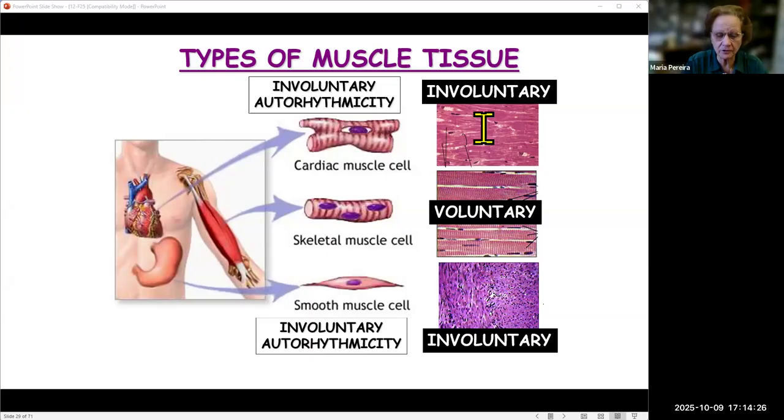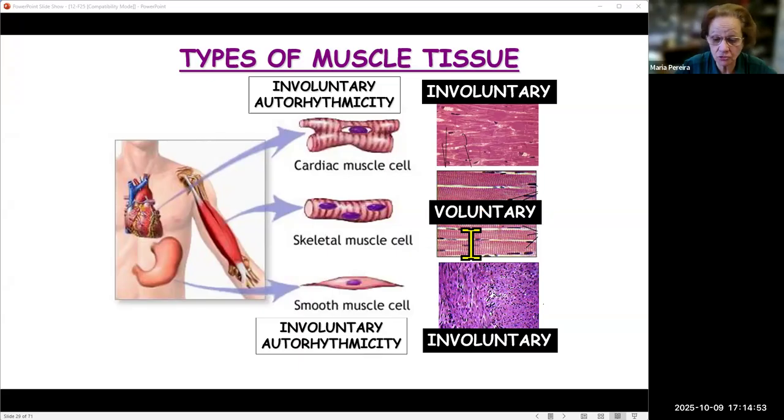It depends on something called the parasympathetic nervous system. The parasympathetic nervous system controls the periphery. It's independent of the central nervous system. So cardiac muscle and smooth muscle are both under involuntary control. That means we cannot control their contraction and extension.